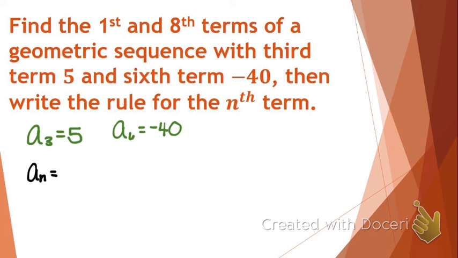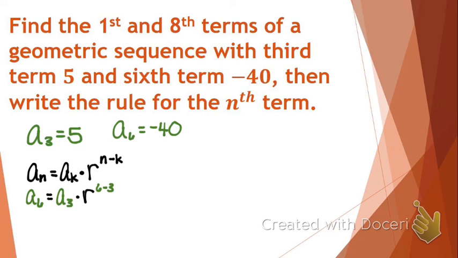Yes, a sub n equals a sub k times r to the n minus k. We have the 6th term. We have the 3rd term. We don't have our common ratio, but up here I would do 6 minus 3 because that's n and k.